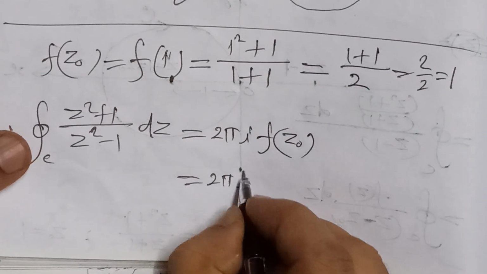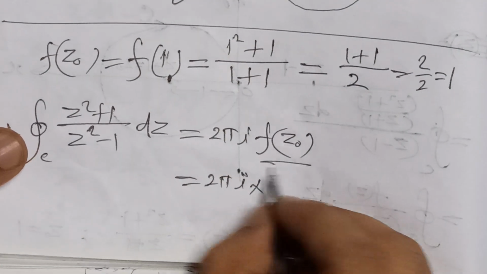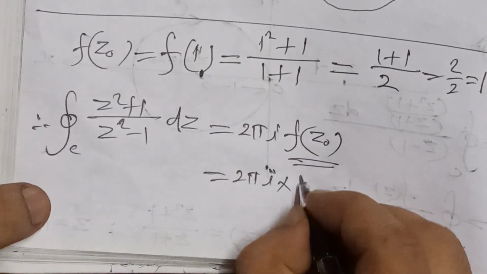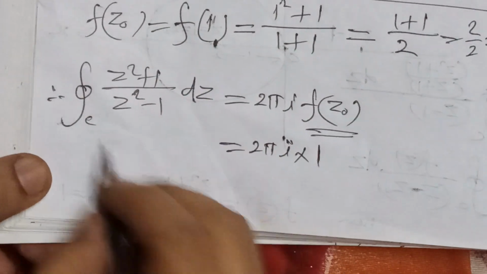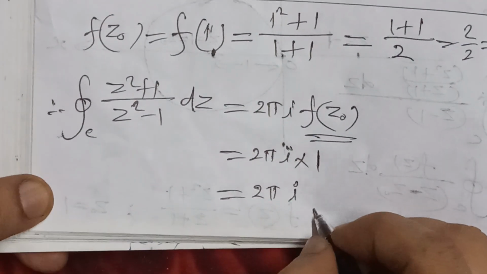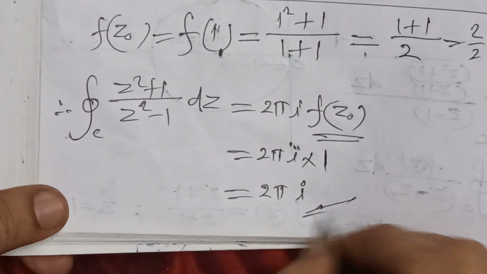But we have found the value of f(z naught) here, which is equal to 1. So this integral is equal to 2 pi i. It is our answer. Thank you very much indeed for listening to me.